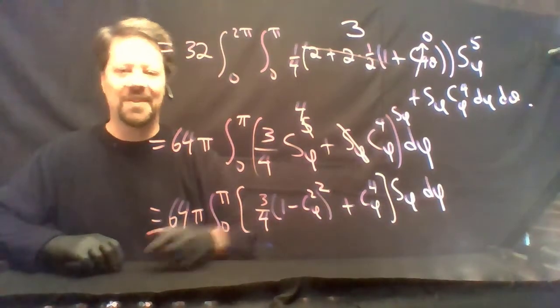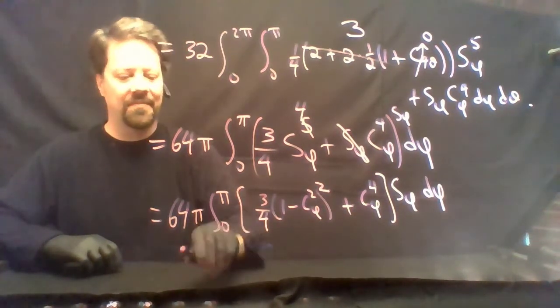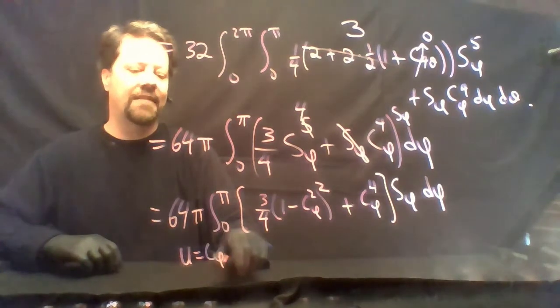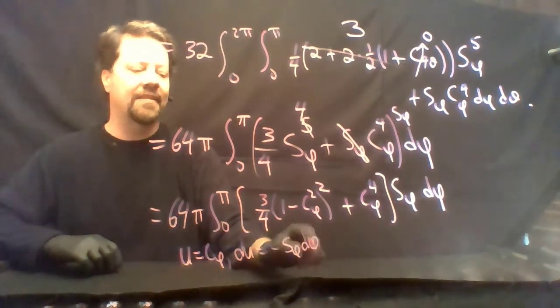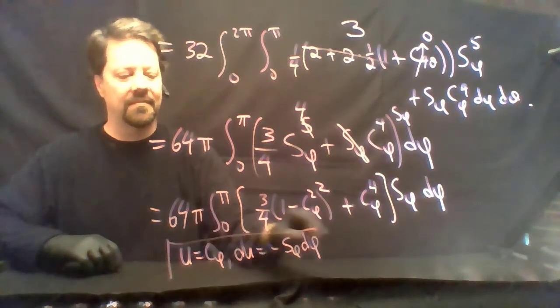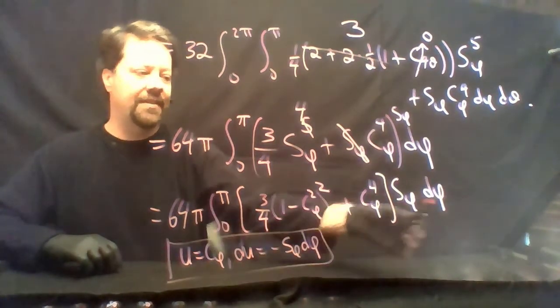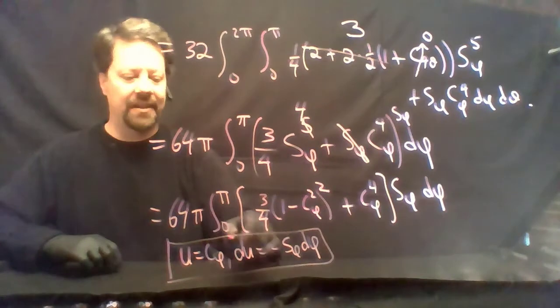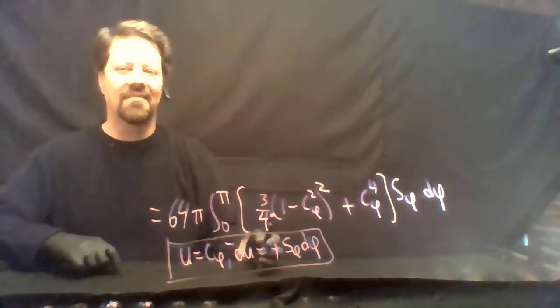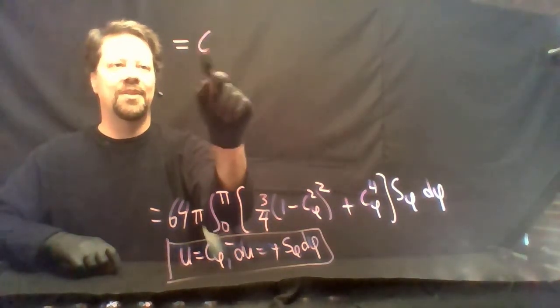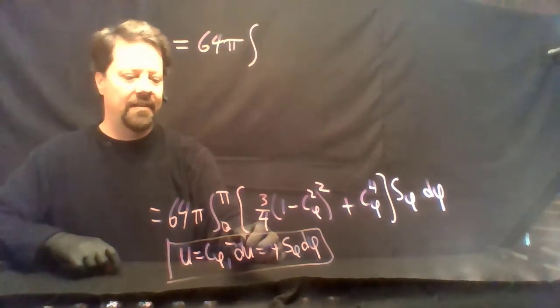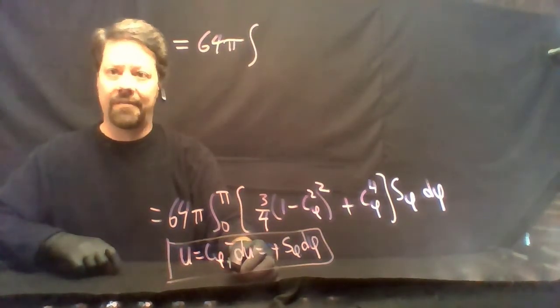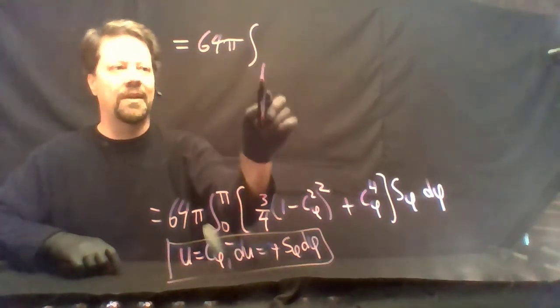And now we're set up for a u substitution. U equals cosine phi, so that du is minus sine phi d phi. We have the sine phi d phi, we just don't have the negative. Making the substitution, when phi is 0, cosine of 0 will be 1.